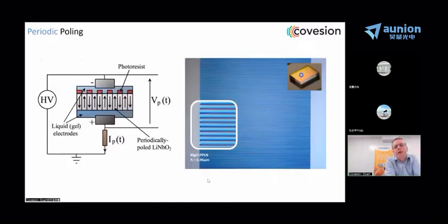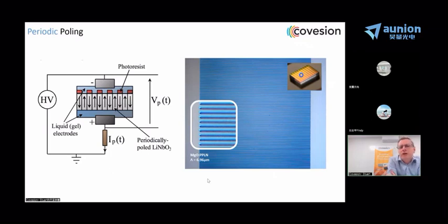The key part of the technology is the periodic poling. So this is where we fabricate a periodically inverting domain structure into the material. What that does is it allows you to access the highest nonlinear optical coefficient in the material and perform quasi-phase matching.